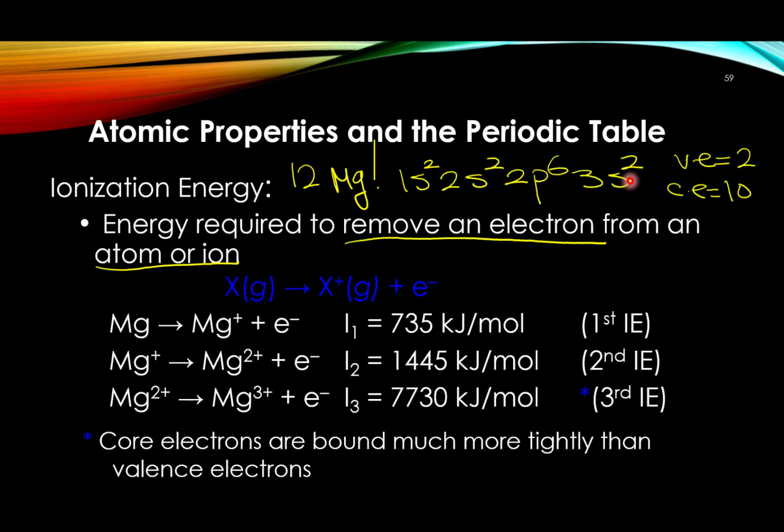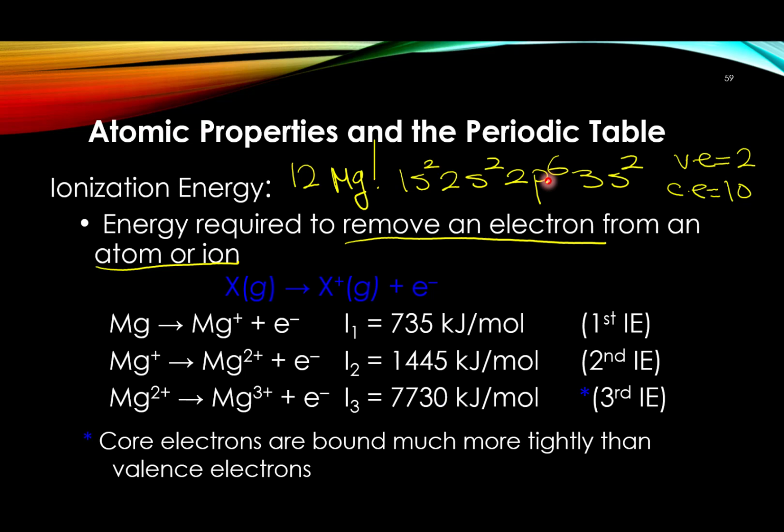Now, when I'm removing the second electron, I'm getting slightly closer to the core. That's why it's slightly higher than the first ionization energy. But look at the third ionization energy. It's about 6 times higher than the second ionization energy. Why?